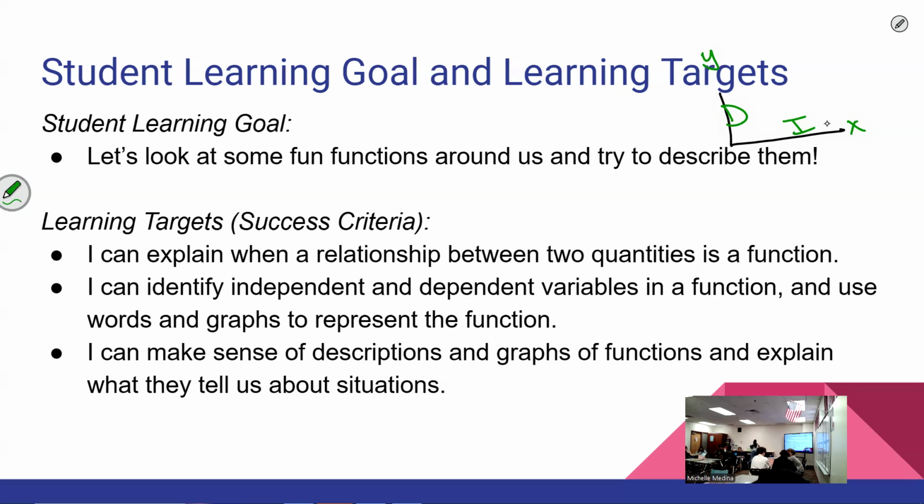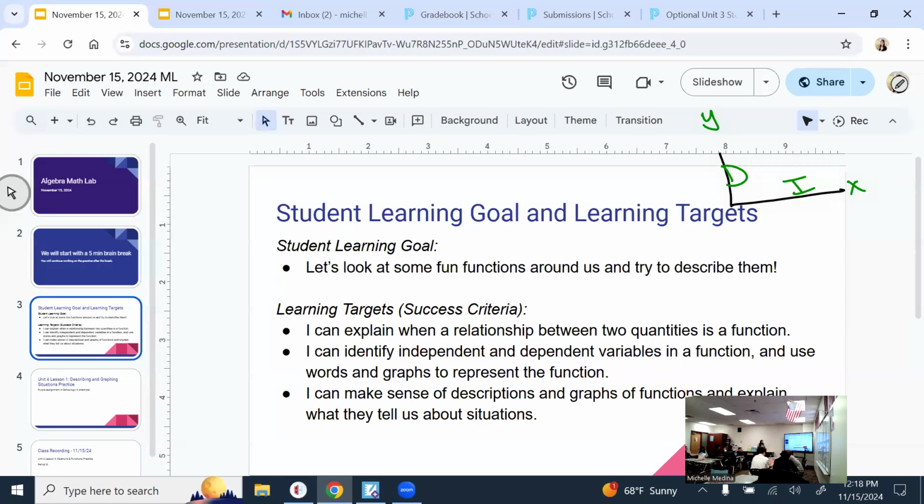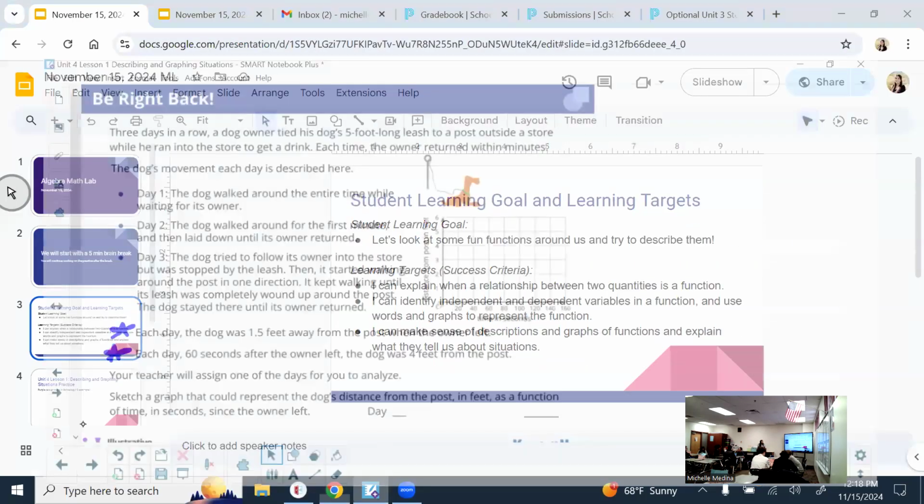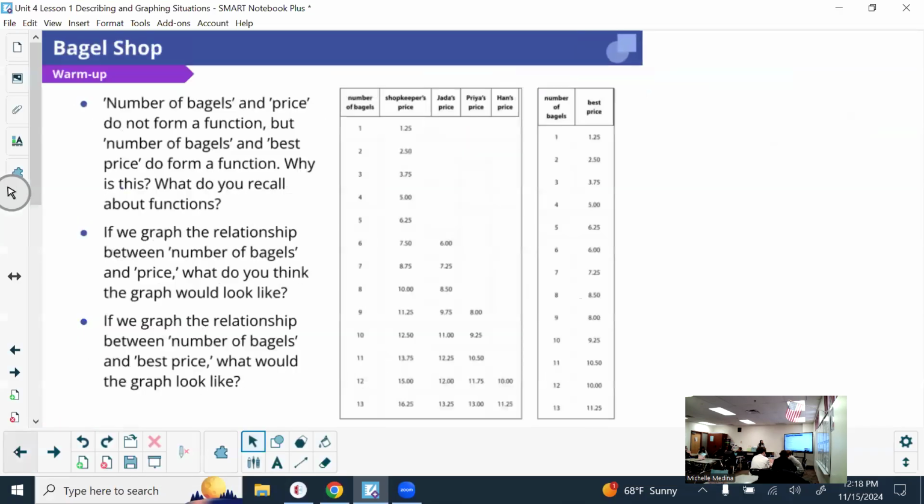we normally say function of x. So when we say blank is a function of blank, we're saying whatever the y variable was is a function of whatever the x variable was. So like when we're talking about our bagels and the best price is a function of however many bagels we buy.